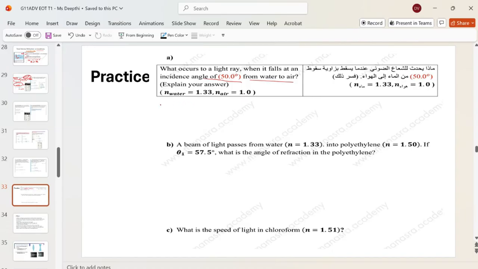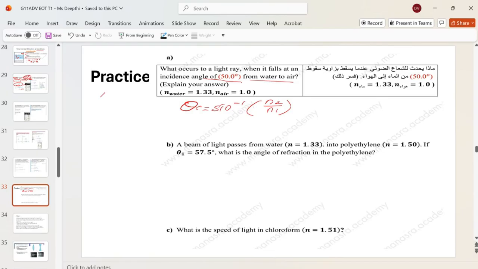So critical angle is the angle that you have already learned: the formula theta C equal to sine inverse n2 over n1. Right? And remember what I told you about the n1 and n2 values?